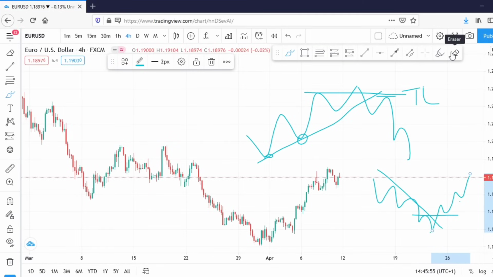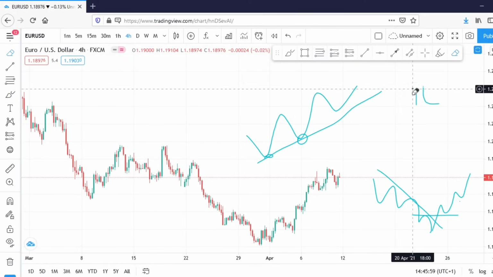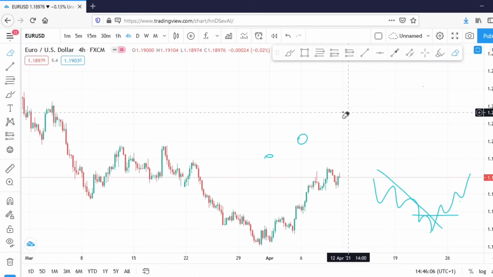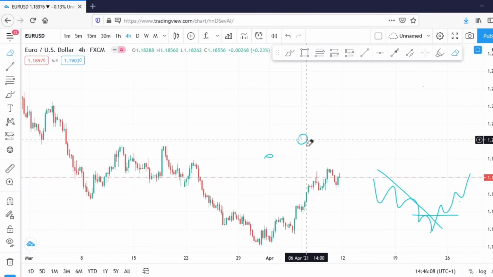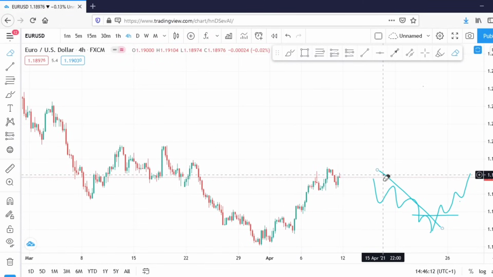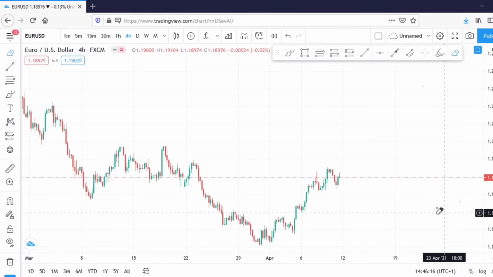So I'll show you a good example of it now using the Euro USD charts, as we can see here. Okay, so I'll start with the most recent trade that I took. Good.